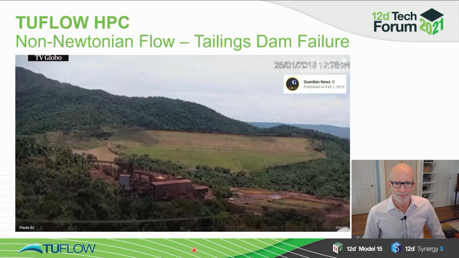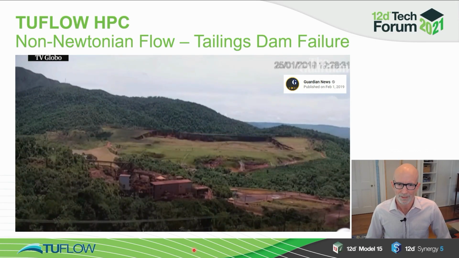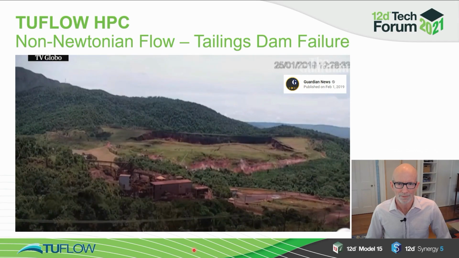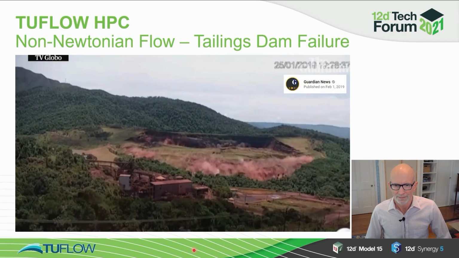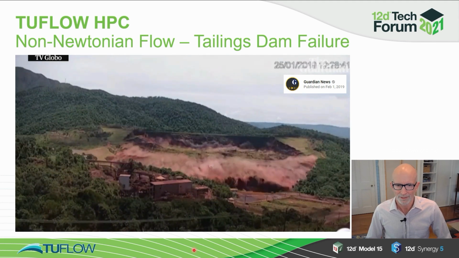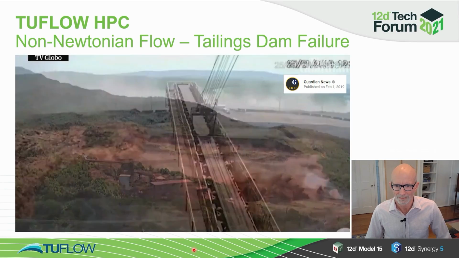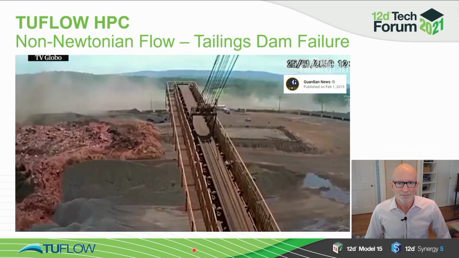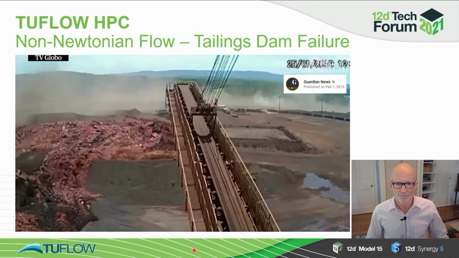And why we're interested in this is that there have been, in Brazil, a number of dam failures, particularly tailings dams at mining sites. And there are serious consequences that come from these. We can't use our normal water flow equations to simulate these, so we have to use a different form of equations, and that's what we call non-Newtonian flow.